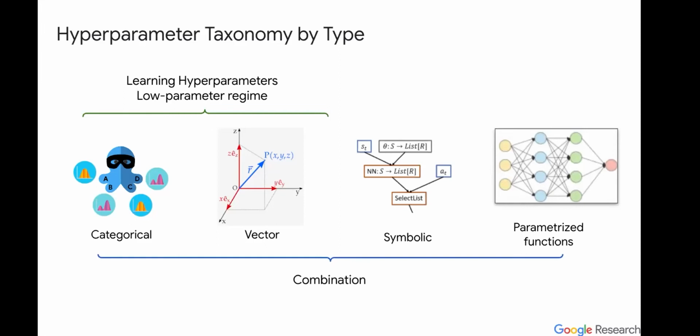The categorical and vector ones we often call learning hyperparameters, and these would be things like the learning rate, gamma, the discount factor, all your favorite things where there's a little parameter here and there. Let's say they're a low parameter regime, and we fairly understand the left side well. The right side is the high parameter regime, where we're looking at the algorithm, the program, the large neural net, replacing rules and so on. This is where lots of open research is heading.